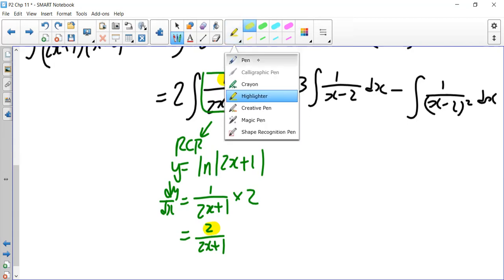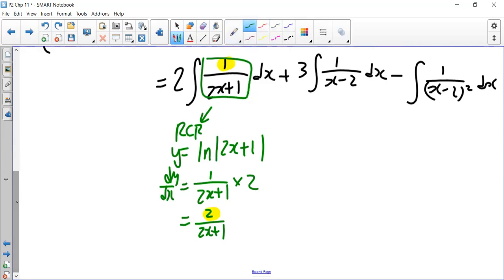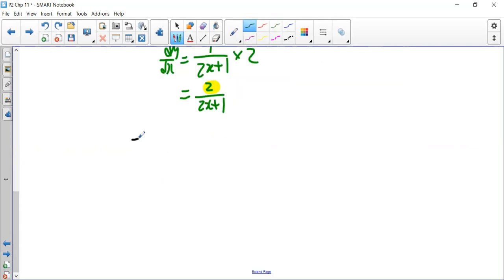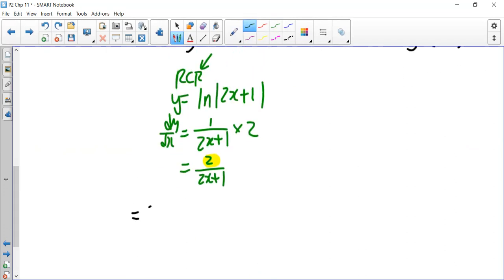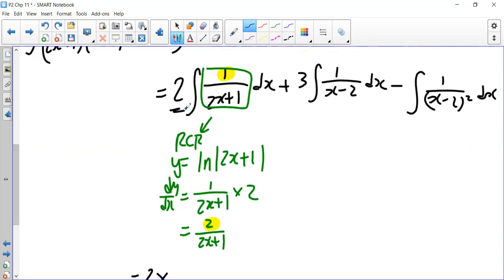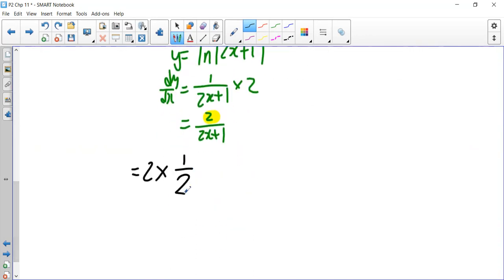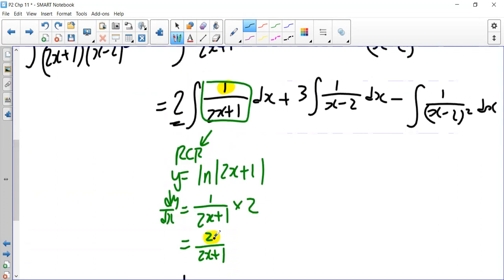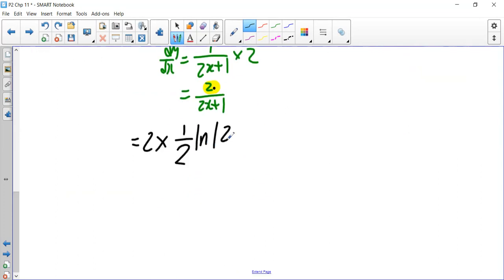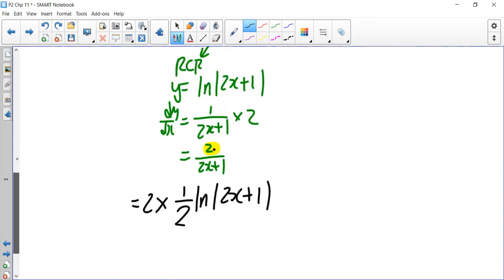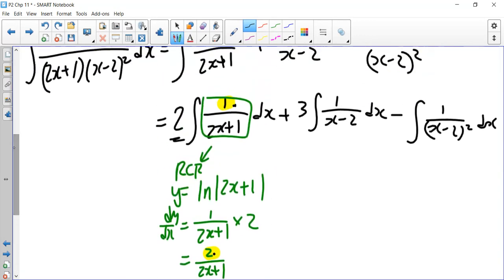So therefore, I need to multiply the final answer by a half of the y value. So it equals 2 times on the outside, times a half, because I'm comparing the 2 with the 1 of my y function, ln 2x plus 1. Okay, so that's the first function done, completed.